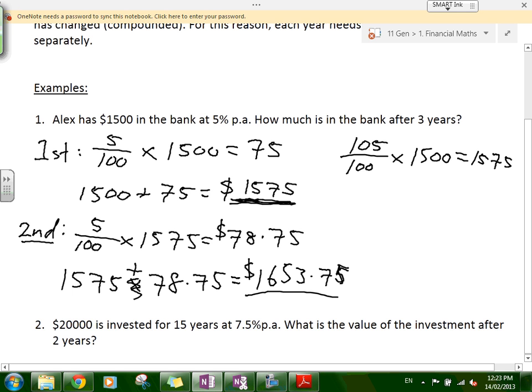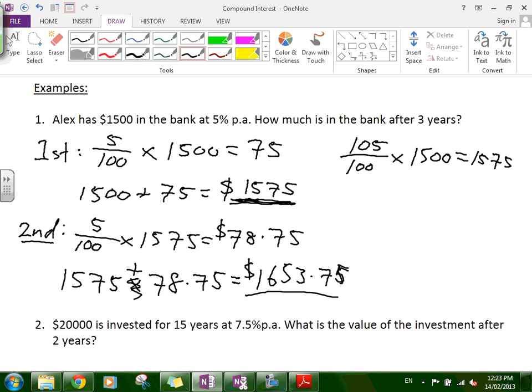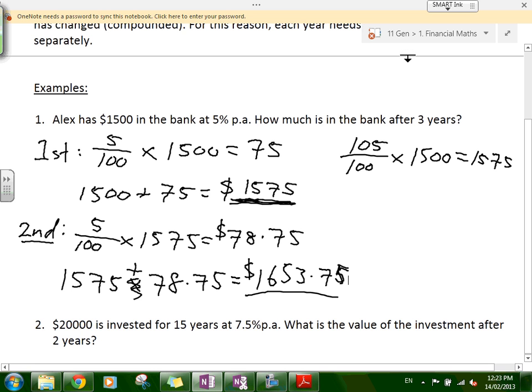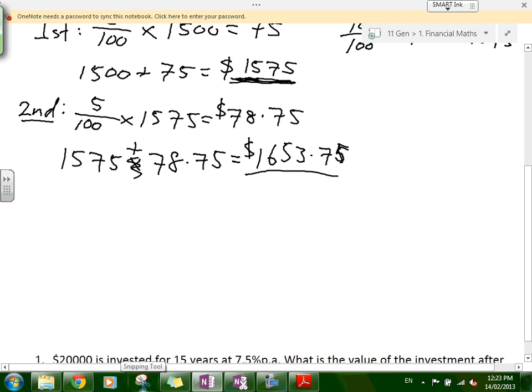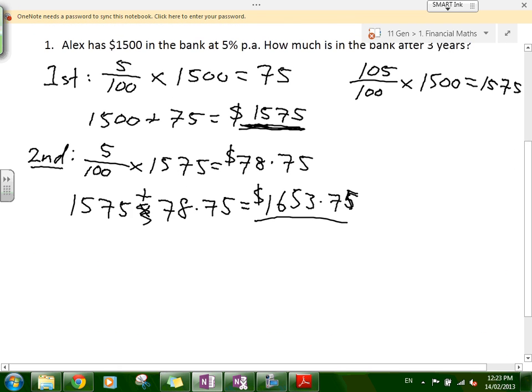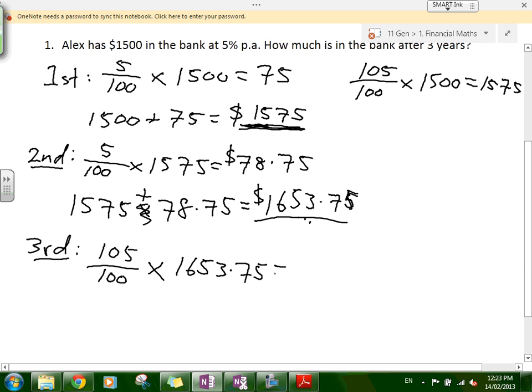I'll do the other way for the third year. The third year we take this amount, and I'll do it the other way, 105 over 100 times 1,653.75 equals what?